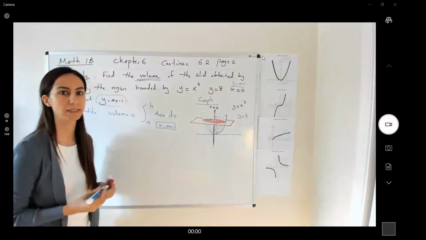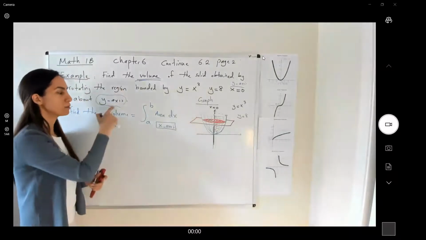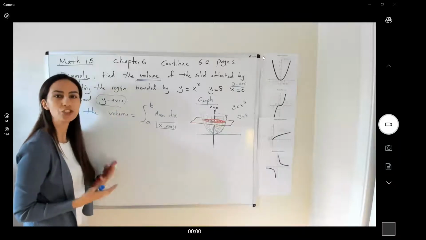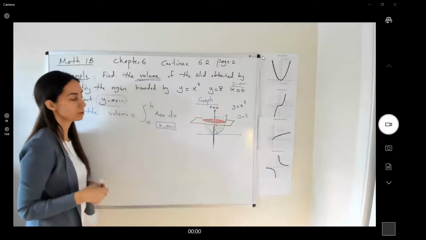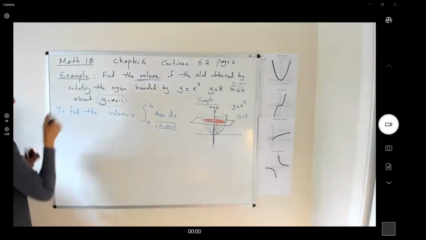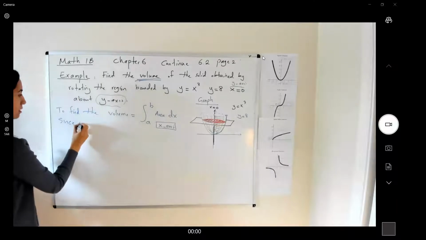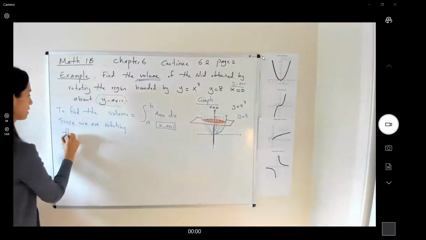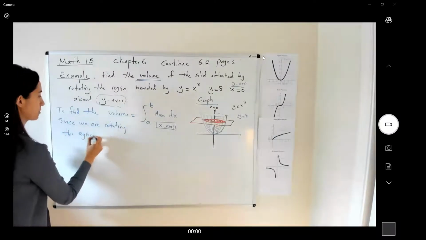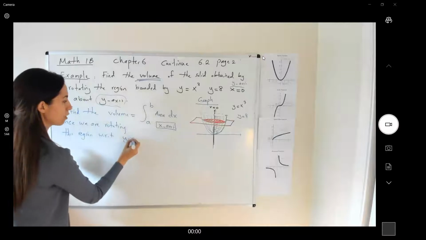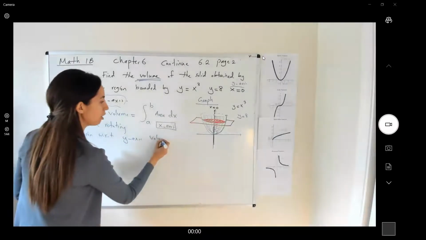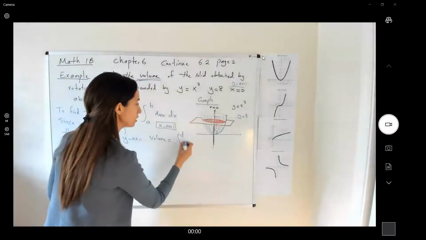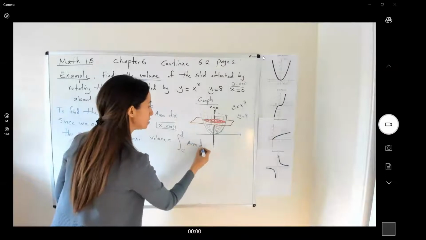Now I expect you to ask, hey professor, I'm rotating this with respect to the y-axis. Do I see any change in the volume formula? I'm happy you asked that. Since we are rotating this region with respect to the y-axis, the volume is equal to the integral from c to d of the area dy.